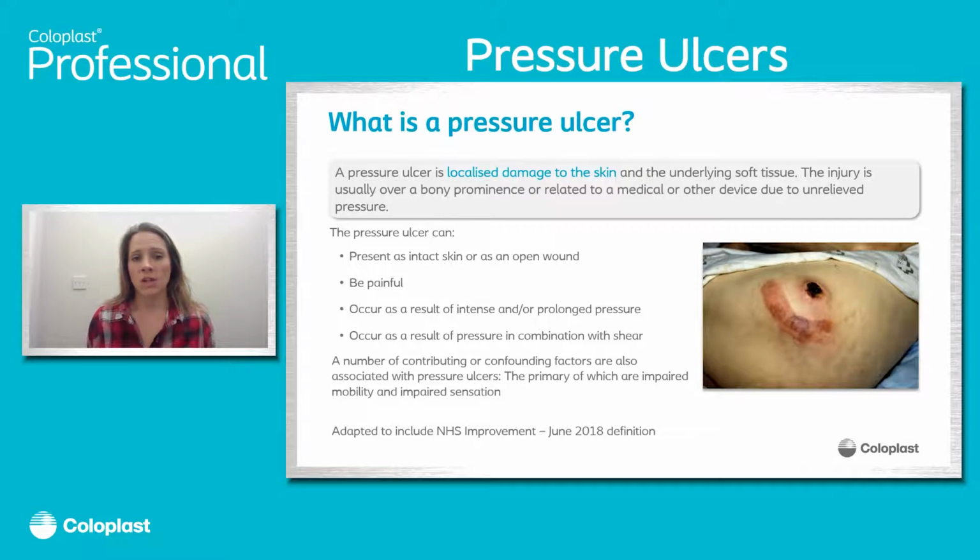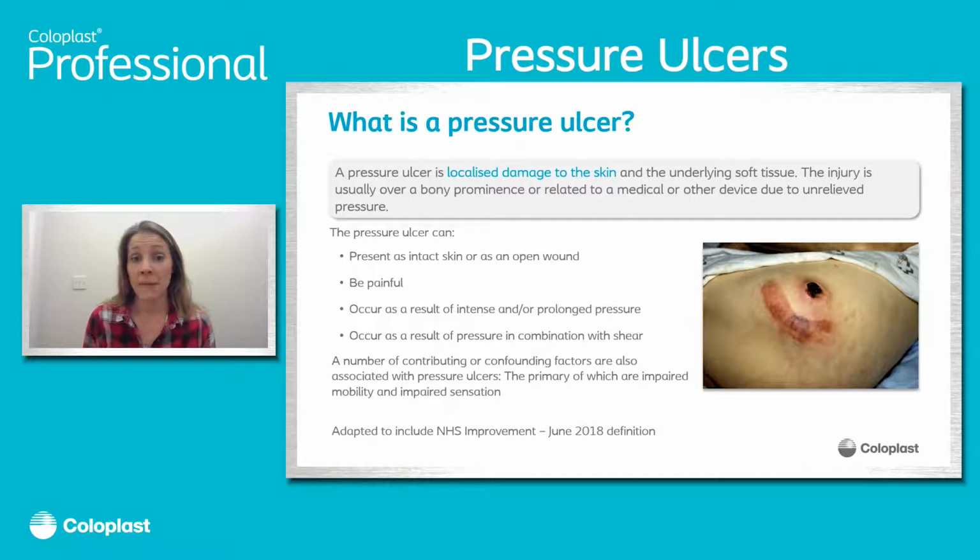But starting off, what is a pressure ulcer? A pressure ulcer is localised damage to the skin or to the underlying soft tissues, and the injury is normally over a bony prominence or can be related to a medical device. It can happen at any time and to any person, but it can be present on intact skin or as an open wound.